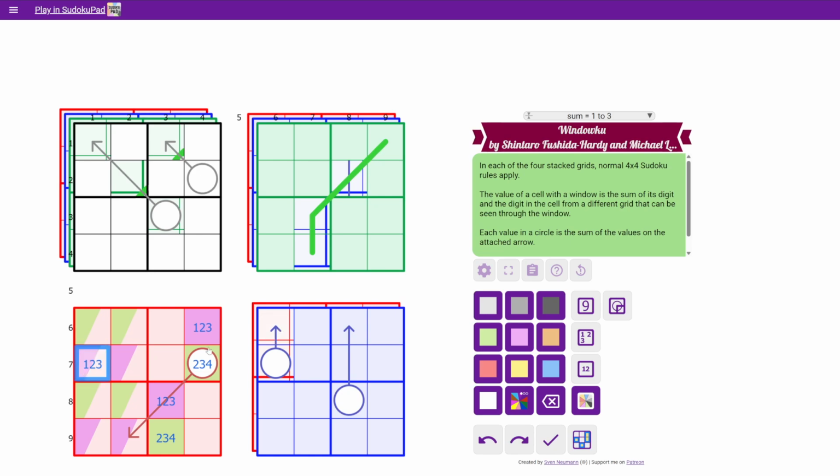If this was a 3, this could be a 1, that could be a 4. But this cannot be a 4.